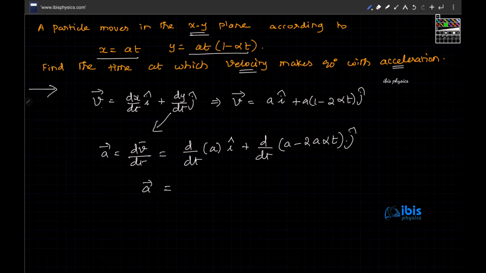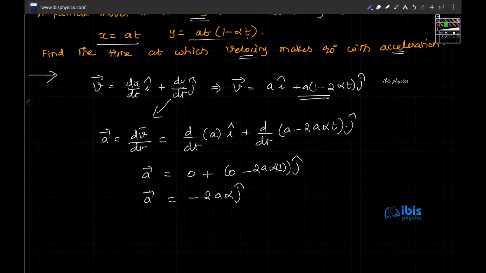So in the acceleration vector, d by dt of a is 0, plus d by dt of 2a alpha t. So 2a alpha can be taken out, into d by dt of t, which is 1. So this is j cap. So the acceleration vector is minus 2a alpha j cap.